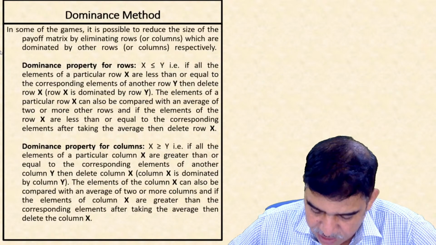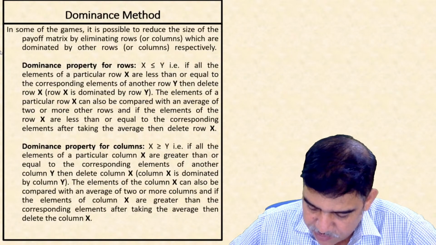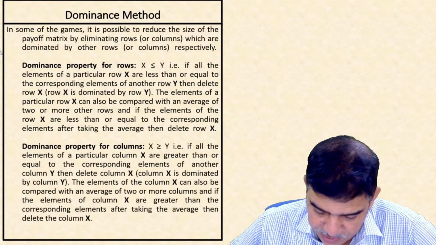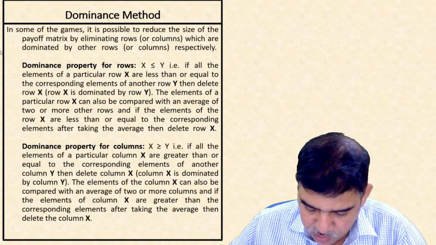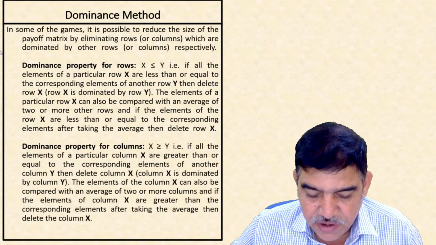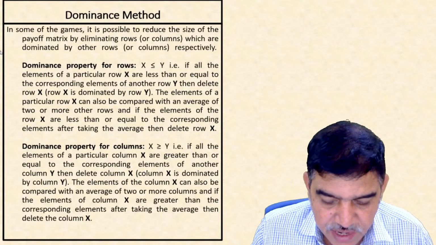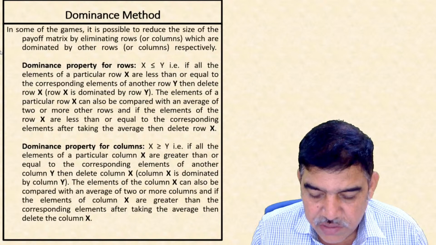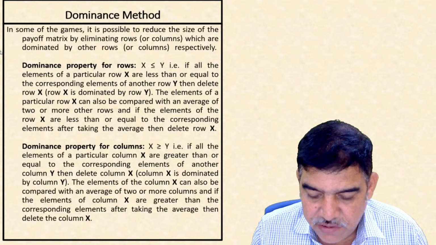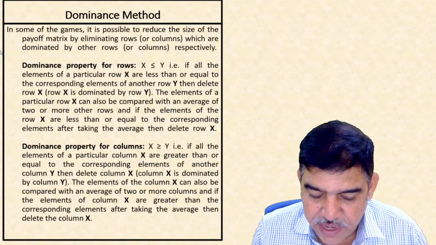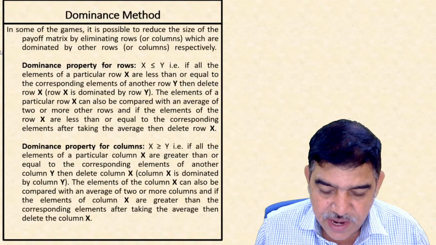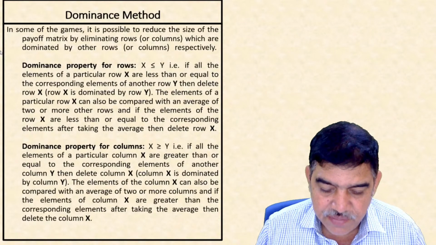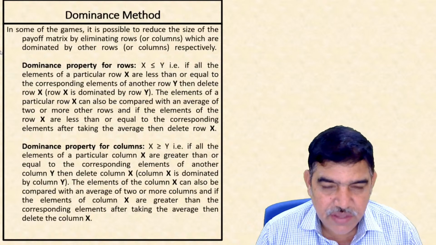Identify any two lines with opposite slopes passing through that point, then form a 2 into 2 pair of matrix. What is step 8? Last step, that is solve the 2 into 2 game using the odds method and find the strategies for player A and player B and the value of the game. That is now the graphical method.